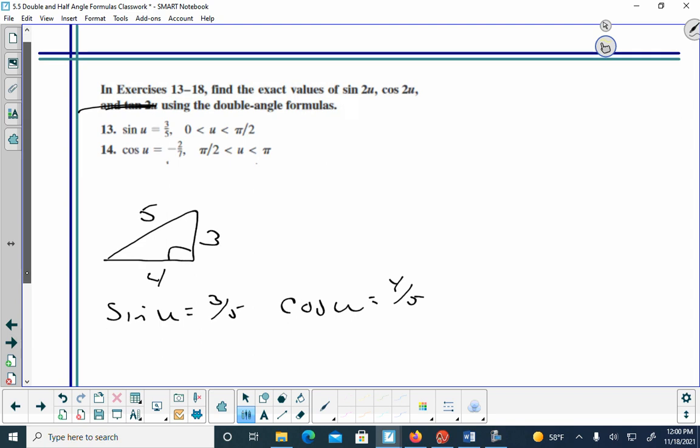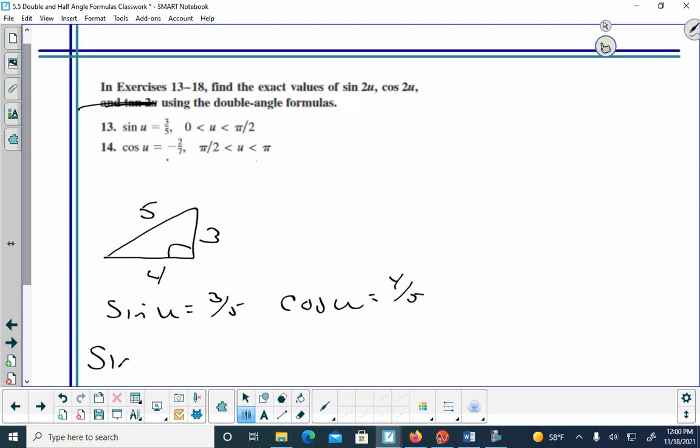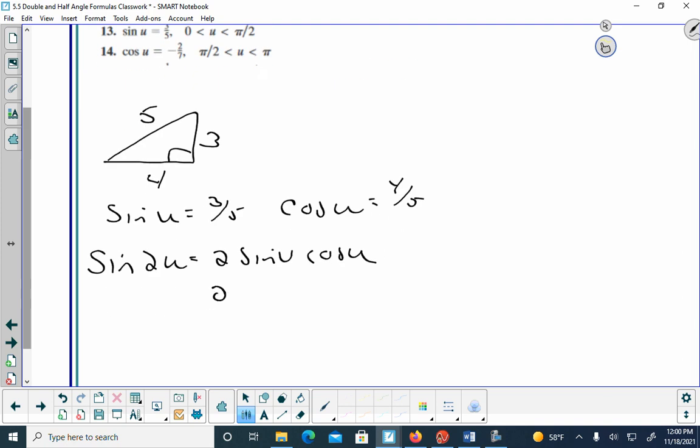If I want the sine of 2u, I'm going to take 2 times the sine of u, cosine of u. So I'm going to write that 2 over 1, and then 3/5 times 4/5. And I'm going to get 24 25ths.